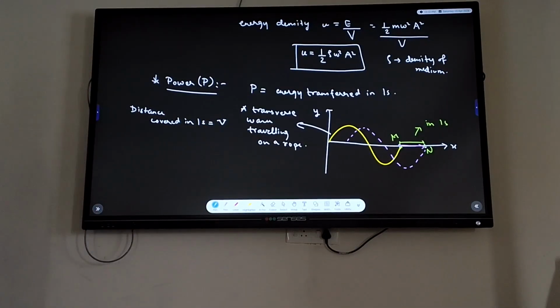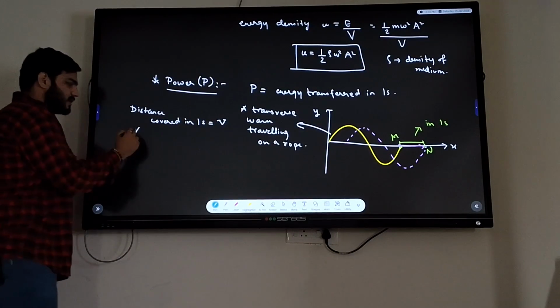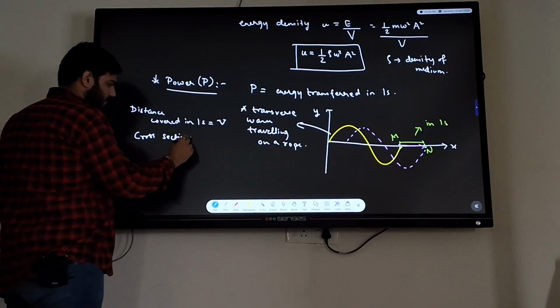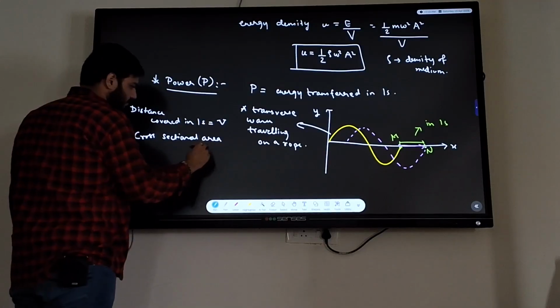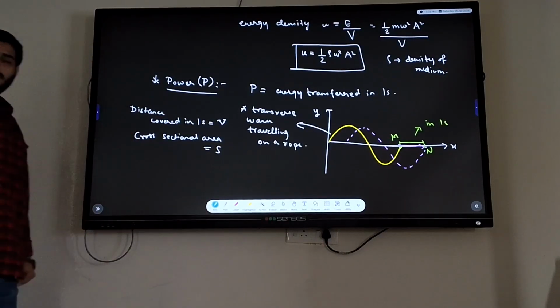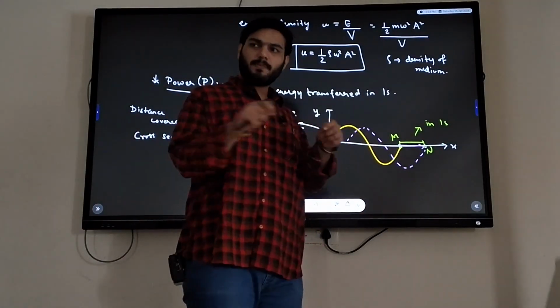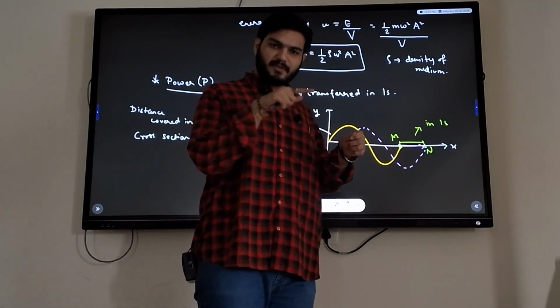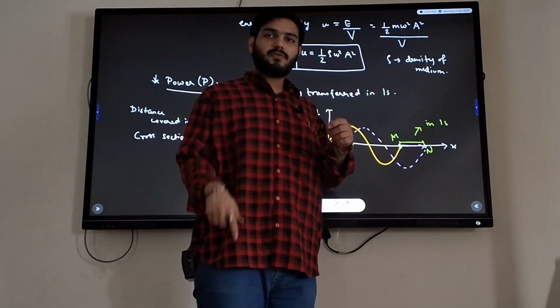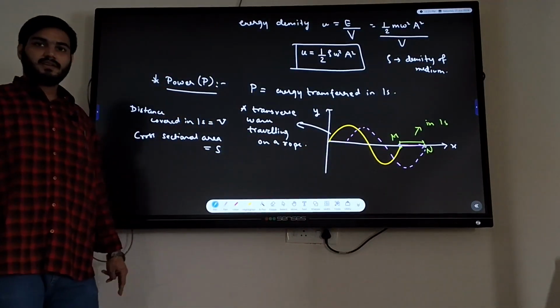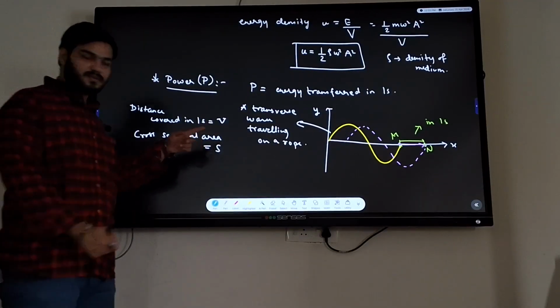What is the area of cross section of this rope? Let's call it S, the cross sectional area. Then what is the volume of the medium? The medium is my rope, because the wave is traveling through the rope. Then what is the volume of this thing going from M to N? That will be Sv.